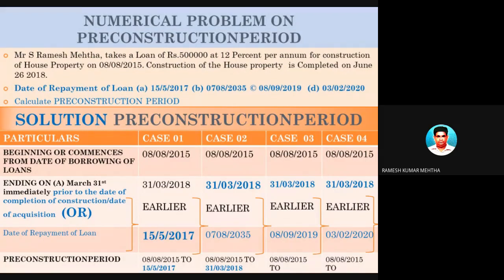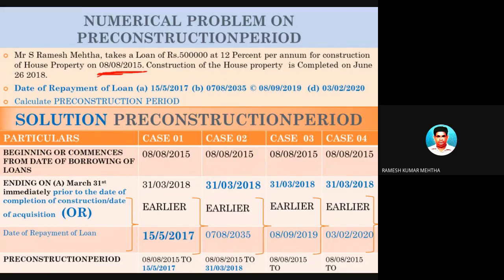So Mr. S. Ramesh Kumar Mehta has taken a loan of 5 lakh rupees at 12 percent per annum for construction of the house property, and this loan was taken on 8/8/2015. This is the starting point of the pre-construction period.